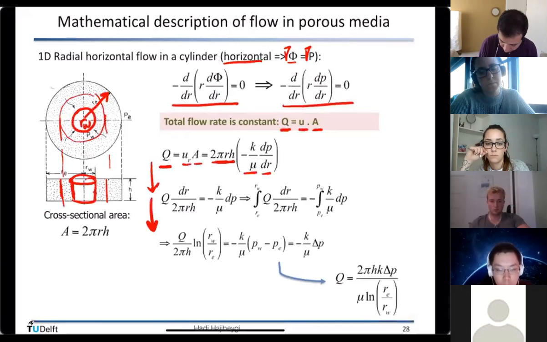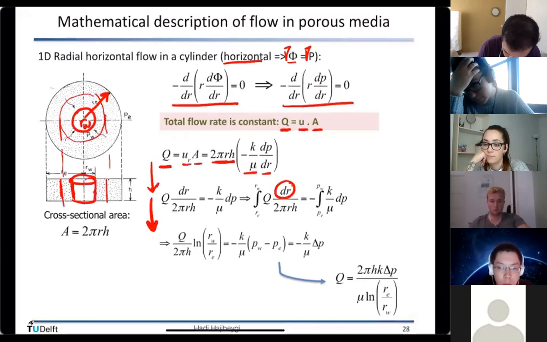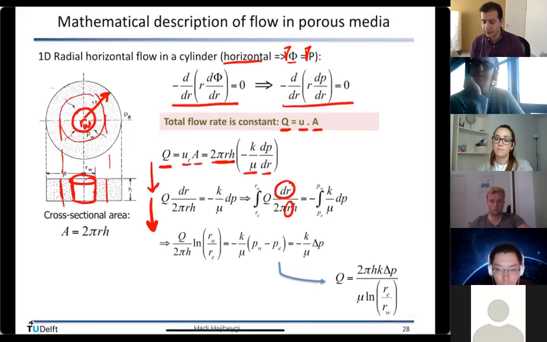For that, the only thing required to be known is that the integration of dr over r is logarithmic, the ln function.